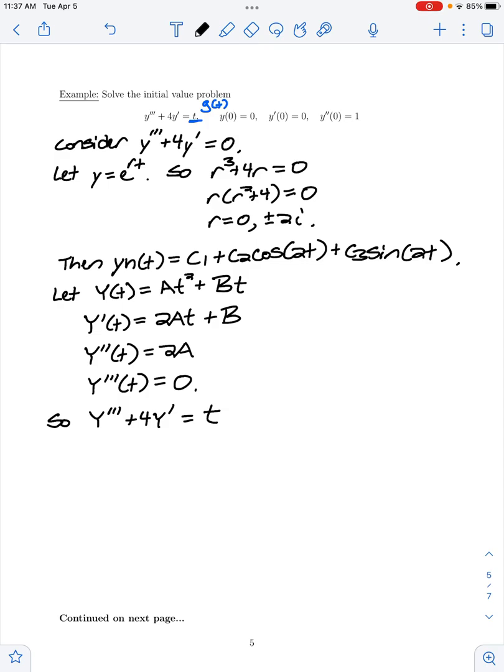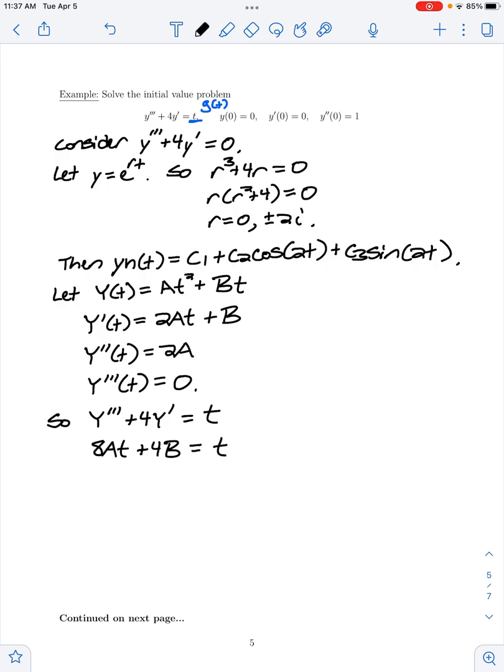And so substituting these expressions in, well, y triple prime was 0, so we just have 4 times y prime, which would be 8at plus 4b, and this needs to be equal to t.